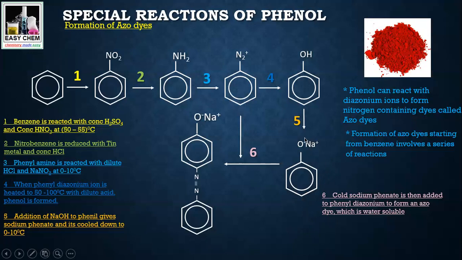But because there is already some group there, there will be hindrances due to space problems. So it goes to the 4th carbon. You can see now this sodium phenate is drawn above, and below there, phenyl diazonium has attached to it. Now the positive charge is not there.